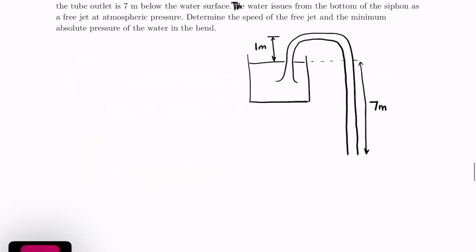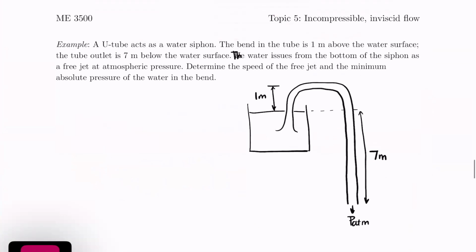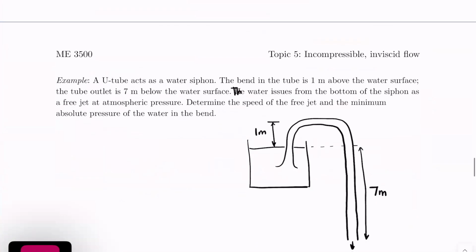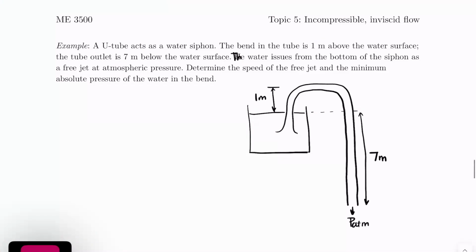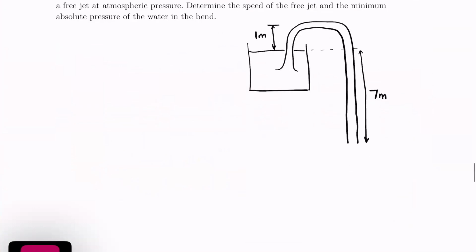And here's the water level in our tank. Okay, the bend in the tube is 1 meter above the water surface. So we have this is 1 meter. Okay, so the water's coming out the bottom of the siphon as a free jet at atmospheric pressure. So we have P atmosphere down here.